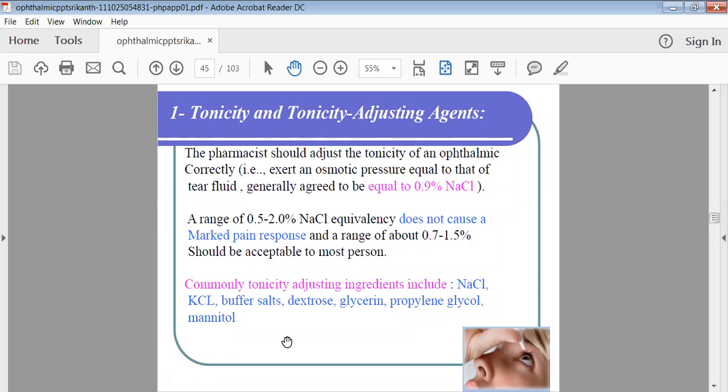Commonly, we use sodium chloride or potassium chloride, then some buffering salts as well as buffers, dextrose, glycerin, propylene glycol, and mannitol to adjust the tonicity of the preparation to make it isotonic with the lacrimal secretion.